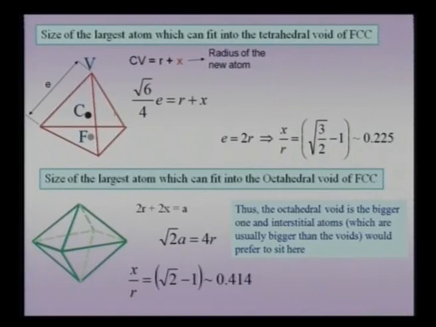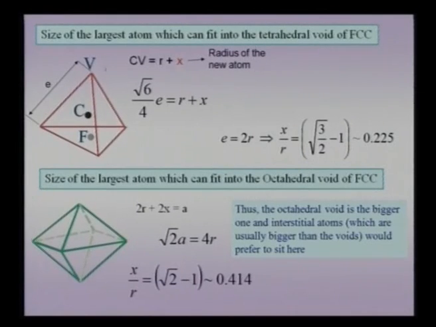Now let me consider the tetrahedron as shown here, and the distance CV is nothing but the radius of the parent atom which is occupying the lattice positions, and the radius of the new atom which is going to sit in the center. So this is my atom going to sit in the tetrahedral center. So the distance from the center to the vertex is r plus x, where x is the radius of the foreign atom.